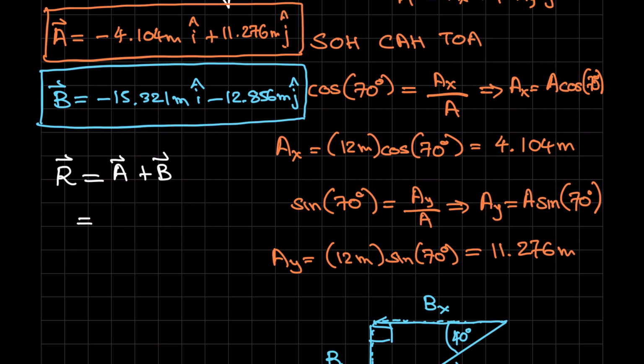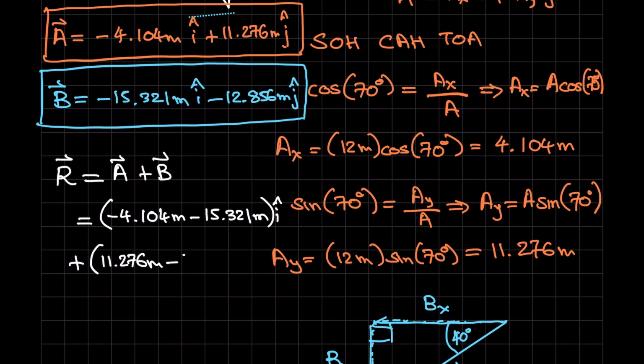So A plus B: we grab all the i parts and add them together. So negative 4.104 meters minus 15.321 meters. That's the i hat part. Then we do the same thing for the y's, which is 11.276 meters minus 12.856 meters in the j hat direction.